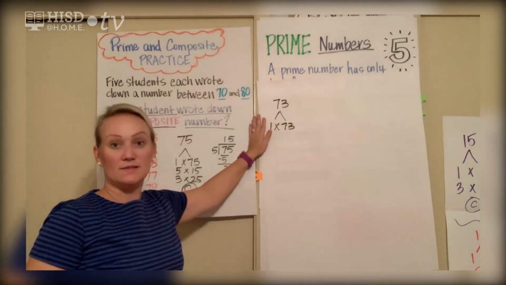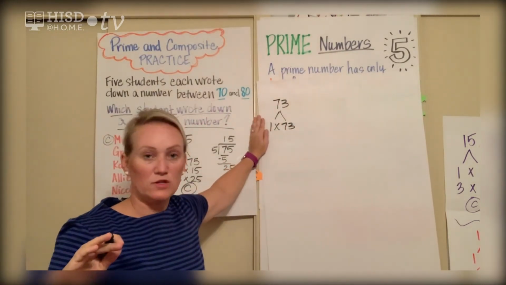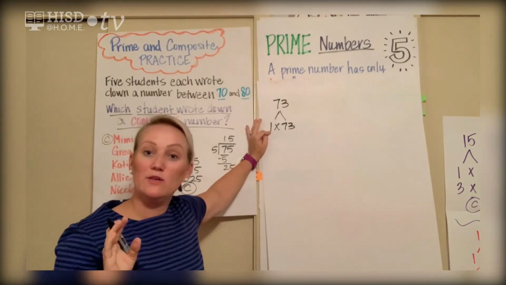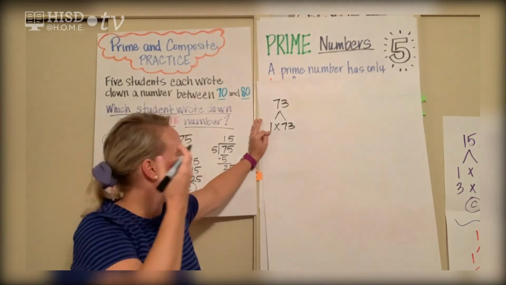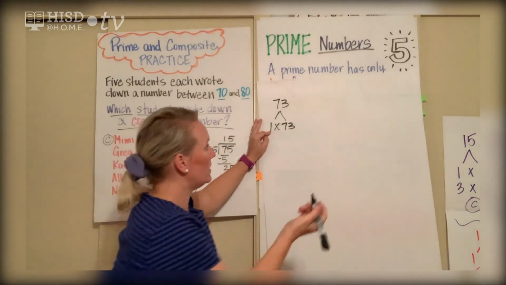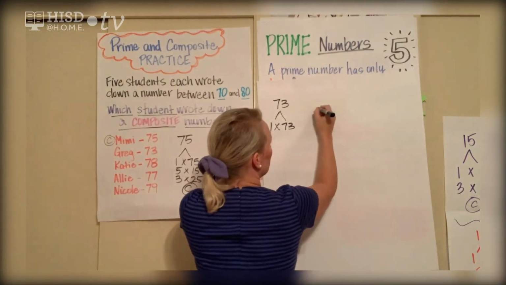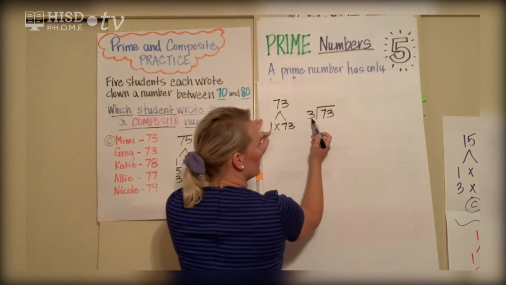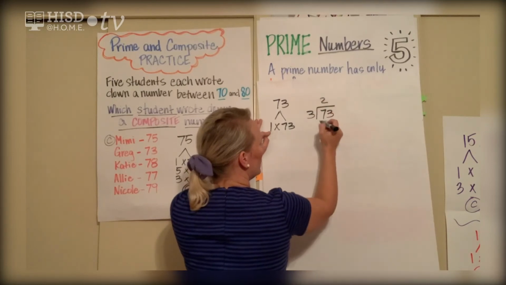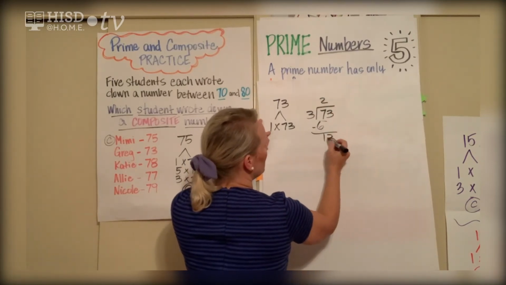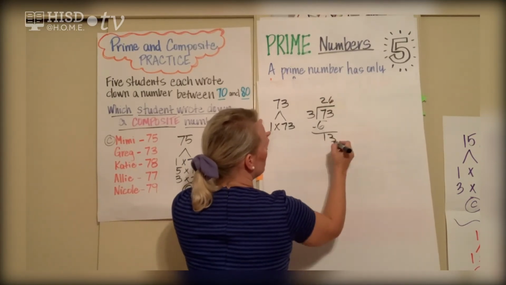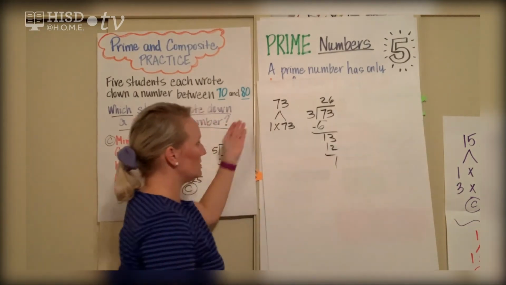I know that that's 1 times itself. That's going to be every time. Now, I know I can't use 2 because this is an odd number. Can I use 3? Let me try. 73 divided by 3. 3 into 7 goes 2 times, and then I have 13 left. And then I can't do this without a denominator, so that's not going to help.